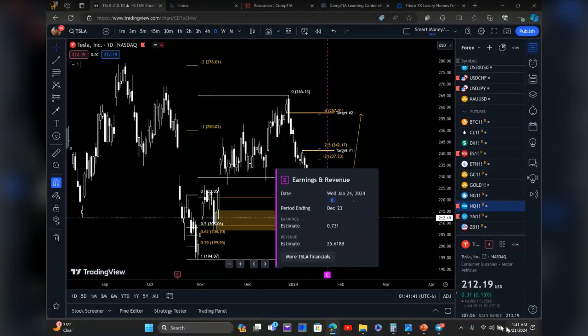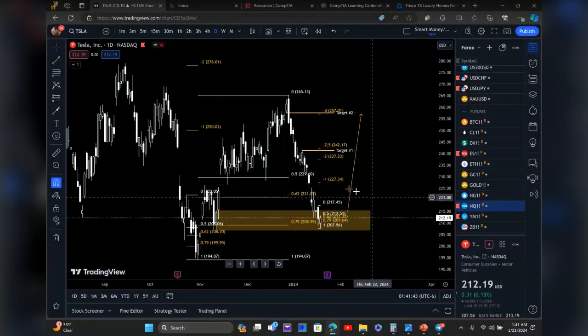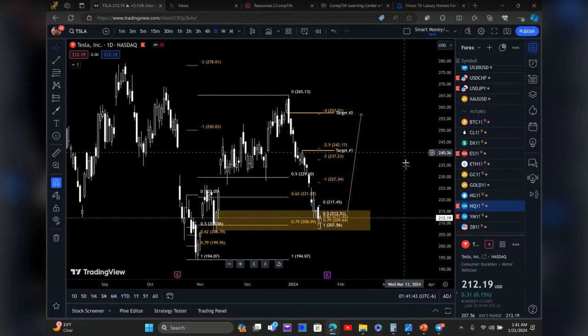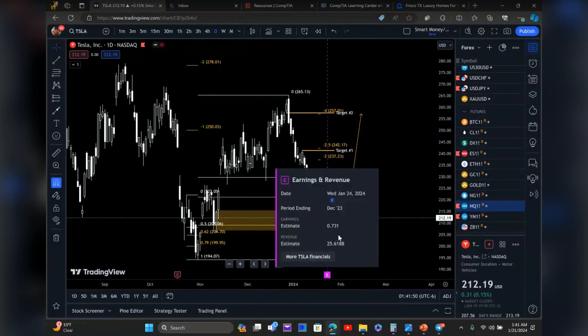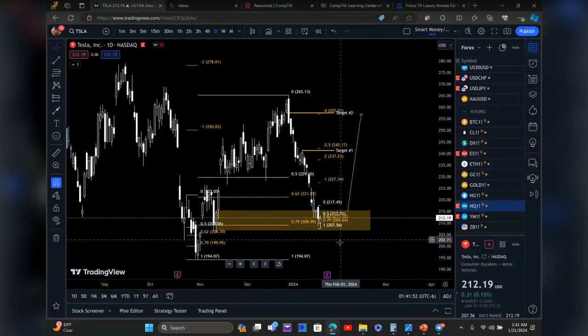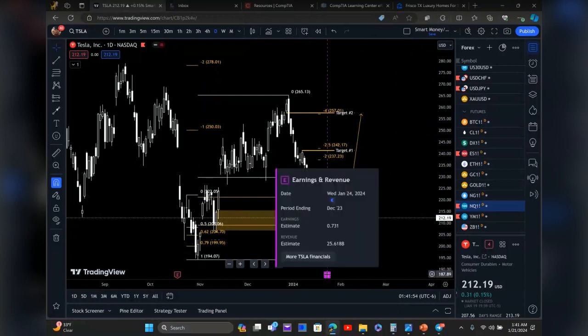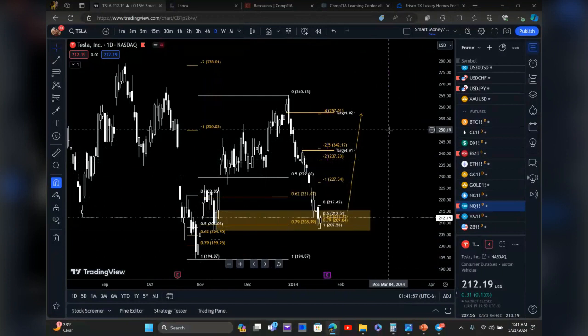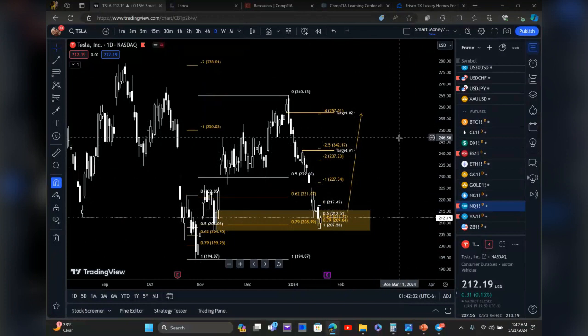That's in a few days. All right. So I'm definitely looking at Tesla going up. See? Estimate 73 cents. I'm looking at Tesla going up with earnings coming up in 3 days, Wednesday. This probably will play around and then whoop, go on up.